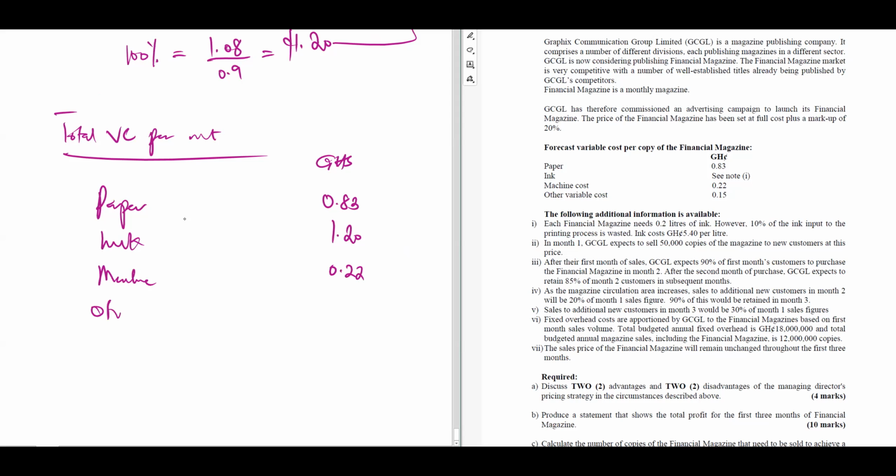We have other variable costs being what? 0.15. Okay. We put it together. What's our variable cost per unit? 0.83 plus 1.2 plus 0.22 plus 0.15. 2 cedi 40 pesewas per unit.